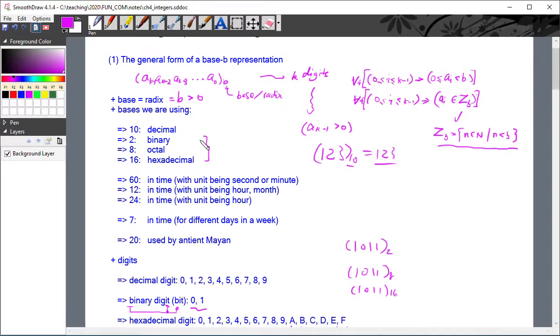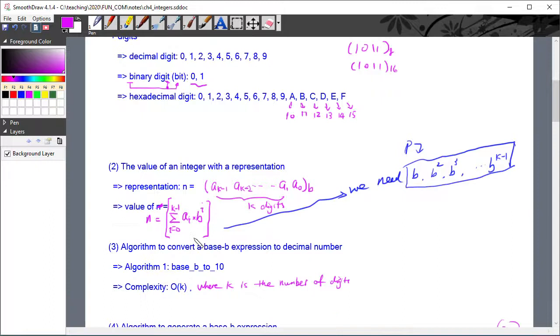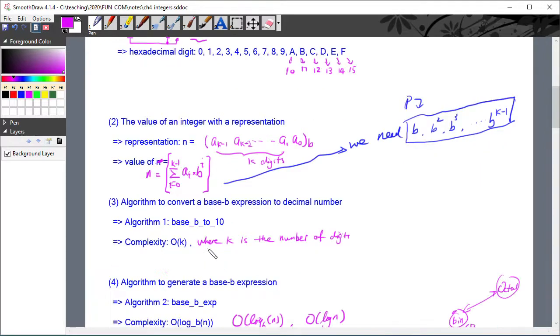In practice, we have base 10, base 2, base 8, base 16. We should know the encoding, right? In each system, there are a limited number of digits. And then given the common representation, we use this summation of product form to calculate the value of that integer.